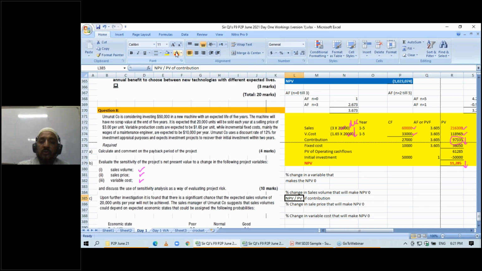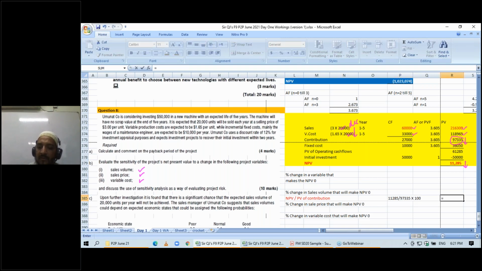Due to sales volume change, the sales will change and the variable cost will also change, so contribution will change. So I have purposely calculated the present value of contribution over there, 97,335. So 11,285 is the NPV. Divide this by 97,335 and multiply it by 100. There you get the percentage.